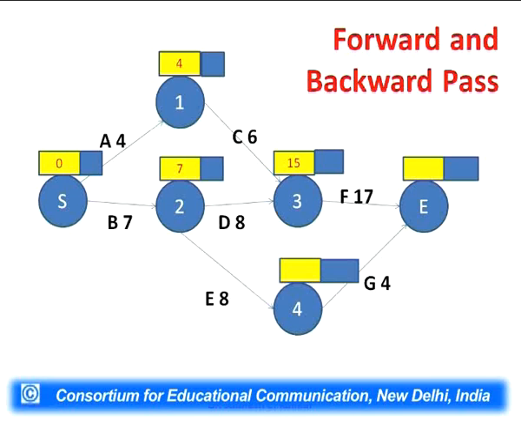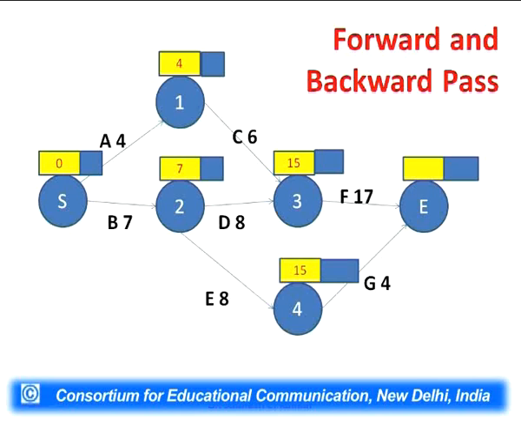Okay, now we'll move on to some other event. Now event number 4, okay, we'll reach here after completing activity B and after completing E, and this can be completed in 7 plus 8, 15 days. That's why we have written 15 in the yellow cell, and these are early start times. Now we have one node left, and the milestone for that is to be filled up.